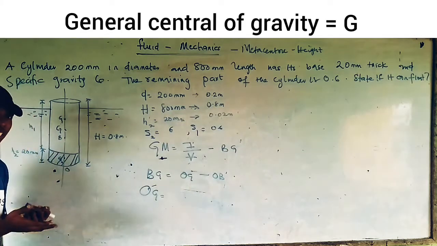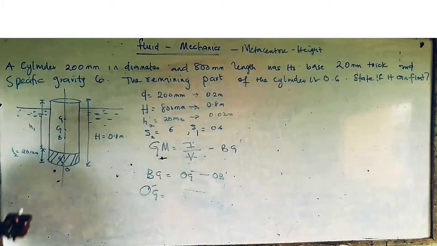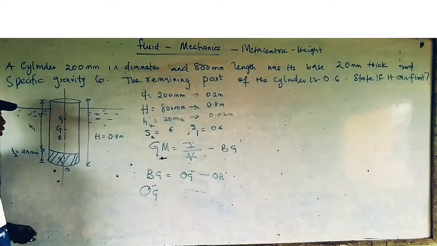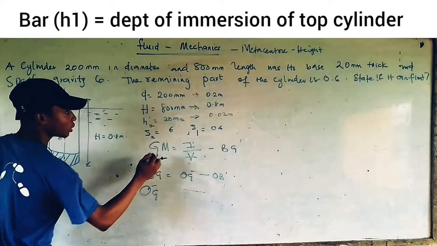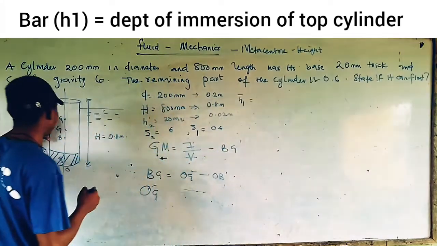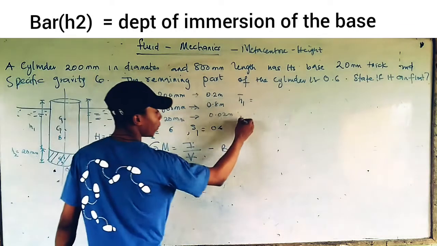Then we have a general center of gravity, which I represented as capital letter G. So we have G1 here, and G2 here. So OG, the distance from the base of the cylinder to the central center of gravity, is multiplied by the depth of immersion of the whole cylinder. Let's call it H1. The depth of the top part, let's call it H2.